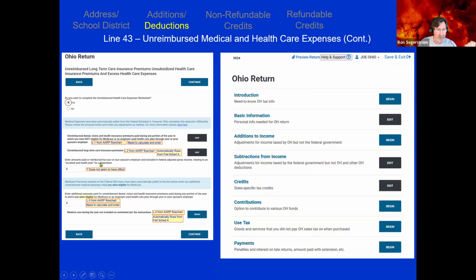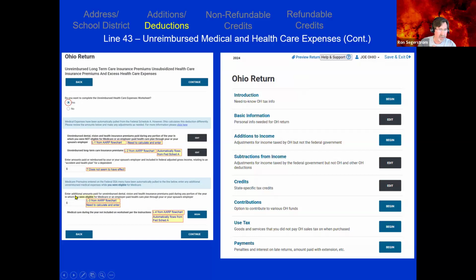This amount right here is the accident and health plan for your spouse, reimbursed by your spouse's employer, including federal adjusted gross income related to an accident and health plan for a dependent. I put a bunch of numbers in there and it didn't seem to make any difference anywhere. But it's not part of anything that we would probably have to work with as far as the ACA.